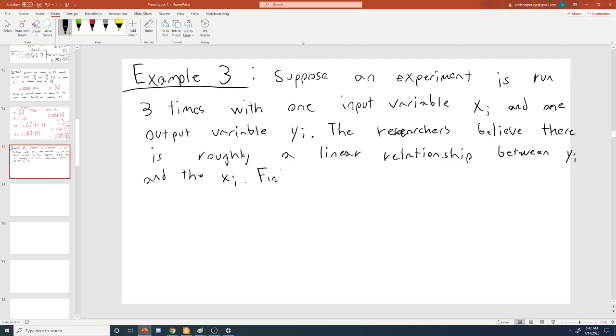Find the line best approximating it. Or I maybe say best approximating the following data.